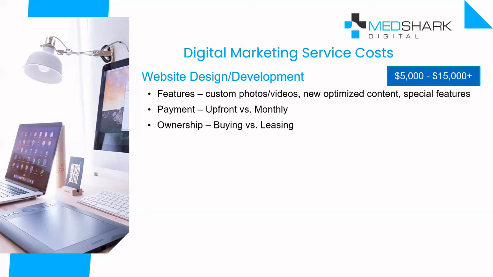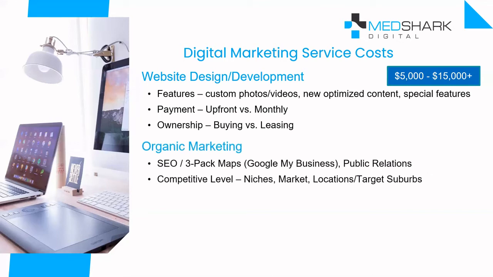The other thing you need to budget for would be your organic, your PR, your SEO, your Google My Business, showing up in those 3-pack map listings. These are all based on your competitive level of the marketplace. And if you're targeting specific niche services, or if there are targets within the geographic marketplace that you're trying to cover.